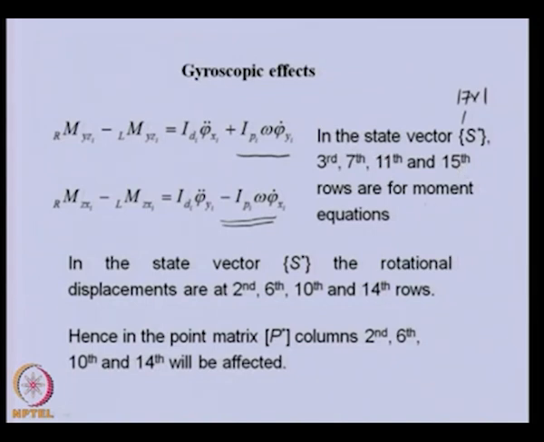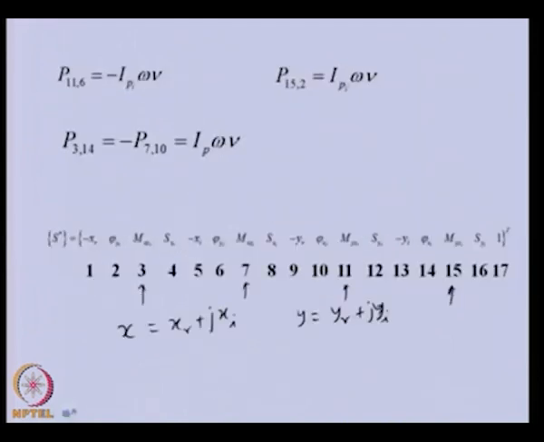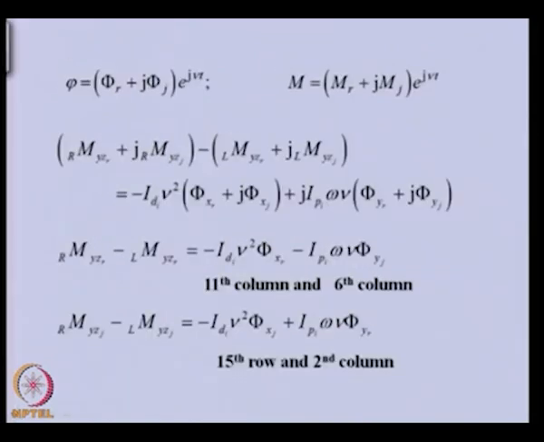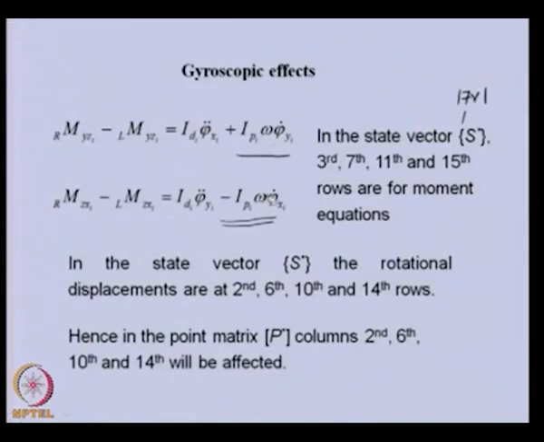Now, the gyroscopic couple contains the angular displacement. So, when we look at the state vector again, we see that the 2nd, 6th, 10th and 14th elements are the angular displacements. So these terms will come in the 2nd, 6th, 10th and 14th columns.